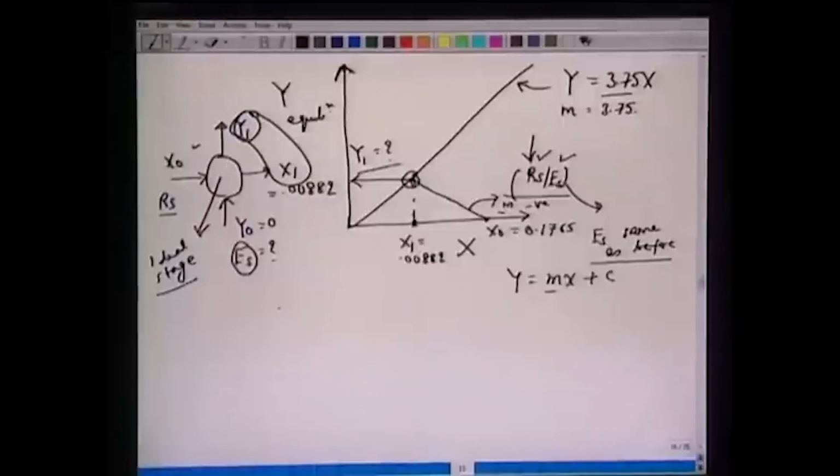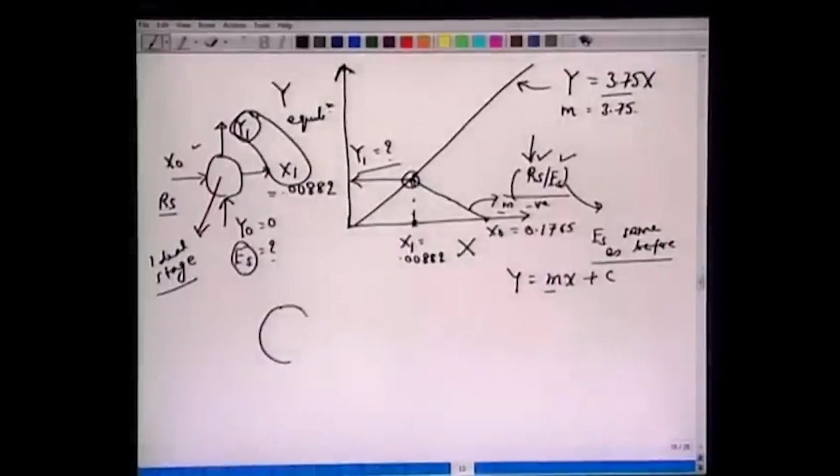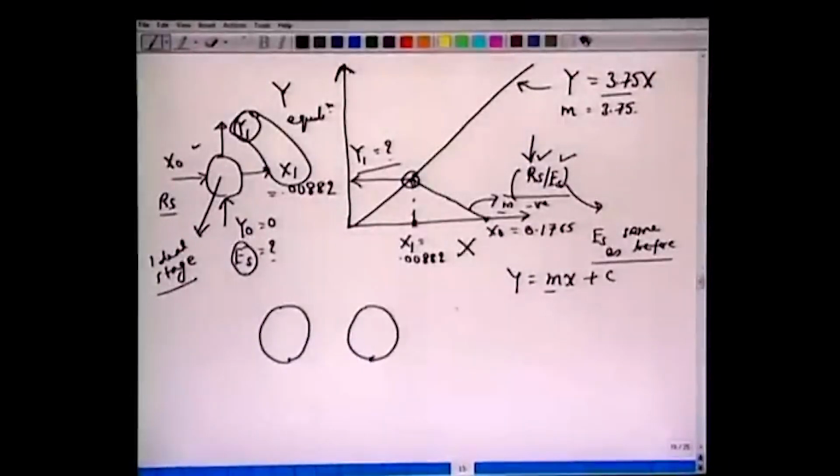So, here we have now 3 stages, 1, 2, and we have 3. In this is y0, x0. So, we have y0 and we have this x0.